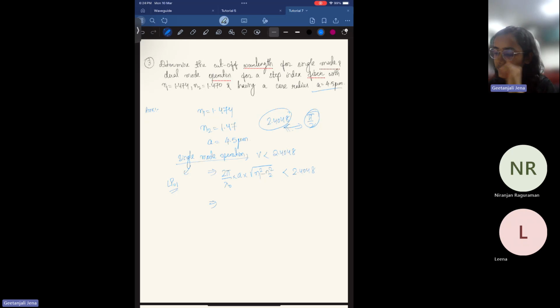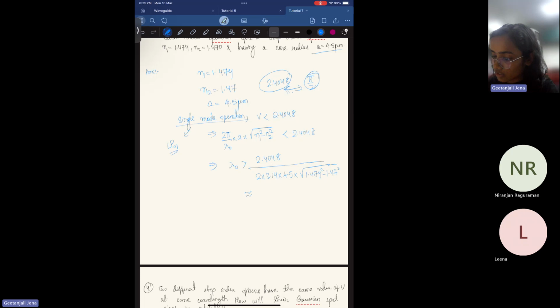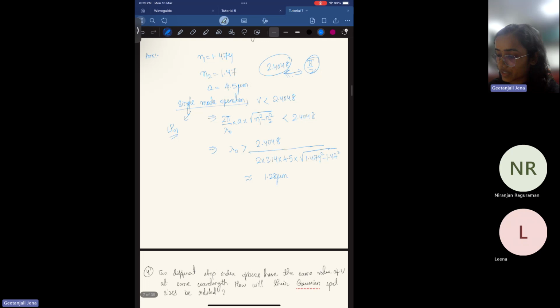All of the values are already given. We know the value of A, N1 and N2. So lambda 0 must be greater than 2 pi times A, which is 4.5, and N1 is 1.474 and N2 is 1.47 square root, over 2.4048. So this will give a value around 1.28 micrometer for the single mode operation.